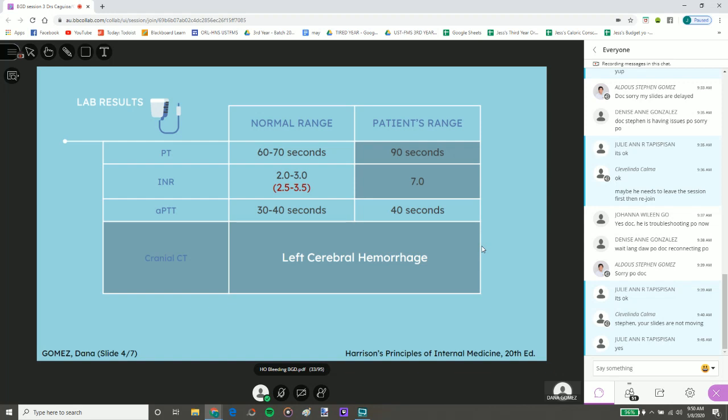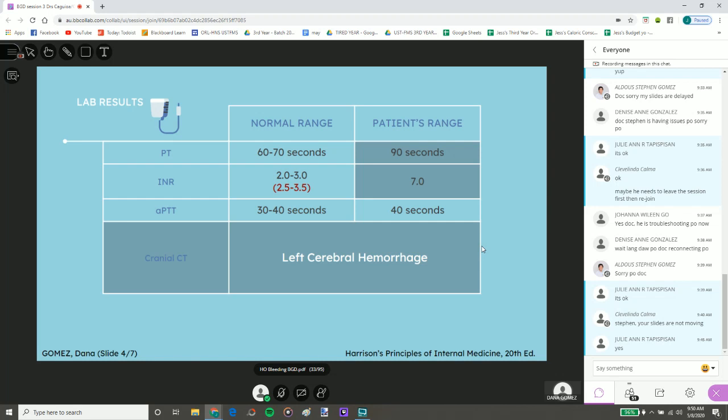Warfarin is administered in doses that produce a target INR of 2 to 3. An exception to this is patients with mechanical heart valves, particularly those in the mitral position, like in the case of our patient, where an INR of 2.5 to 3.5 is recommended.